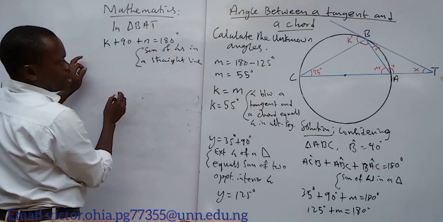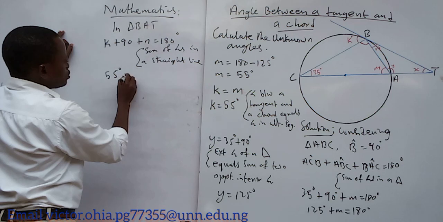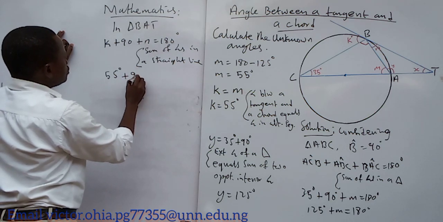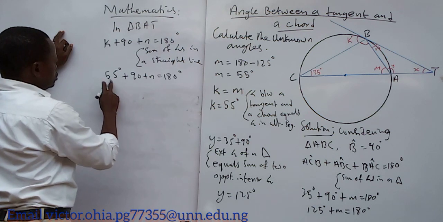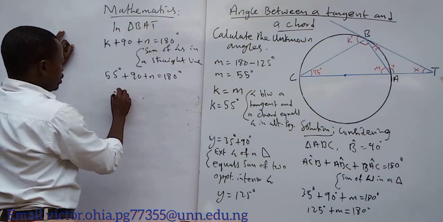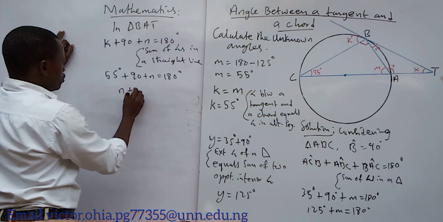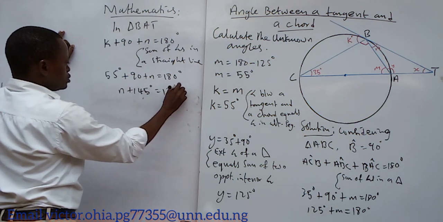So, we have known k to be 55 degrees plus 90 plus n equals to 180 degrees. This and this will give me 145 degrees. So we have n plus 145 degrees equals to 180 degrees.